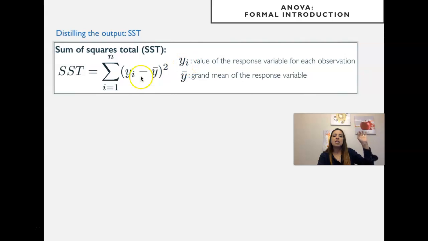Then you get every single value of vocabulary score of every single participant, and you subtract the mean, square it, and you sum. So it's almost like variance, but it's just summing the squares. It's not dividing by the number of scores. So it's not variance, it is sums of squares, because you're summing the squared deviation, okay?